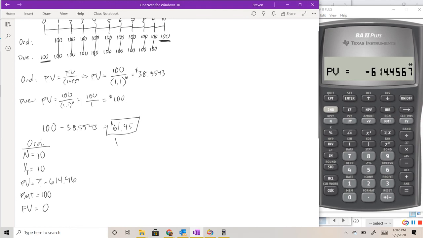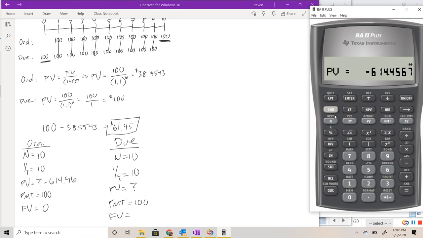All right, now I'm going to do the same thing for the annuity due. The entries are exactly the same. But now I need to set my calculator to annuity due mode or beginning mode.